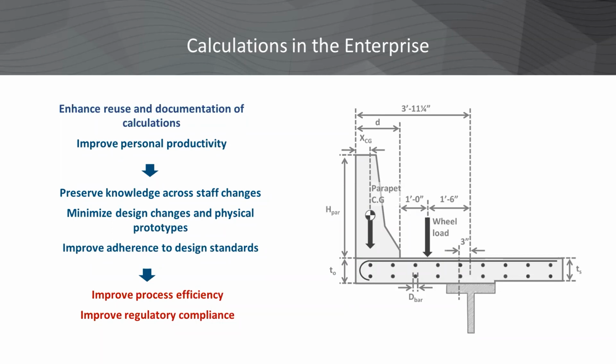If the process of managing calculations, storing calculations and archiving them is done properly, that means the engineering enterprise, the company, saves time and money and increases overall employee efficiency. And for highly regulated industries such as structural or nuclear engineering, increased efficiency ultimately leads to greater regulatory compliance.